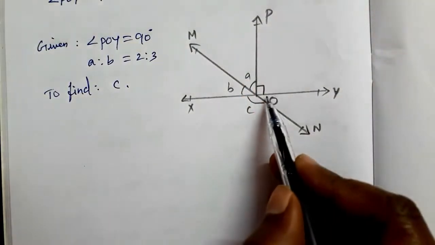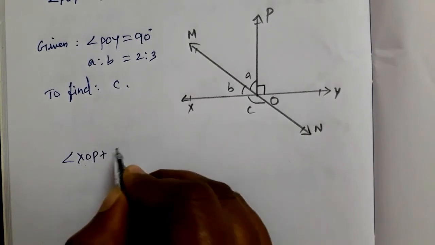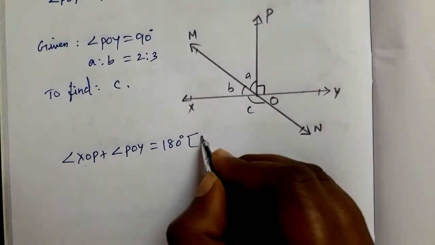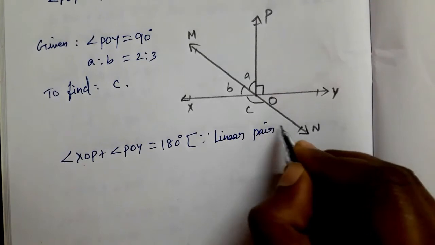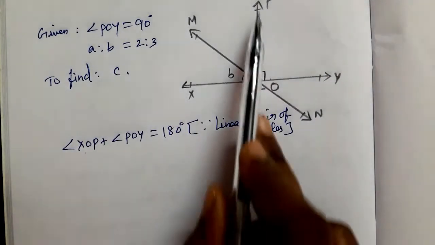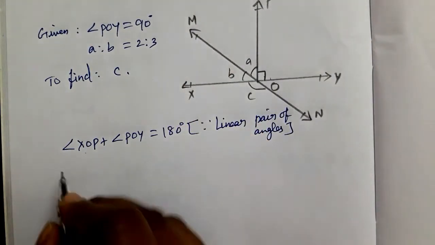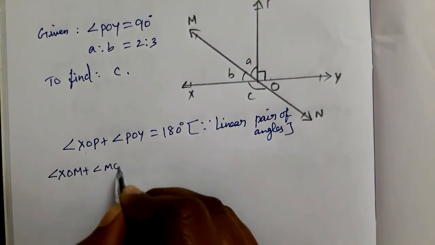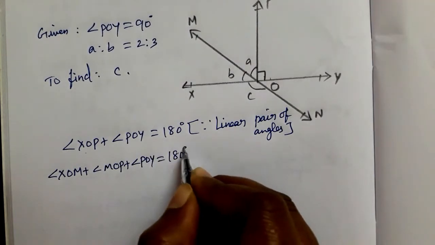Here ray OP stand on XY, so angle XOP plus angle POY equal to 180 degree because linear pair of angles. This angle XOP we can write sum of angle XOM and angle MOP. So angle XOM plus angle MOP plus angle POY equal to 180 degree.